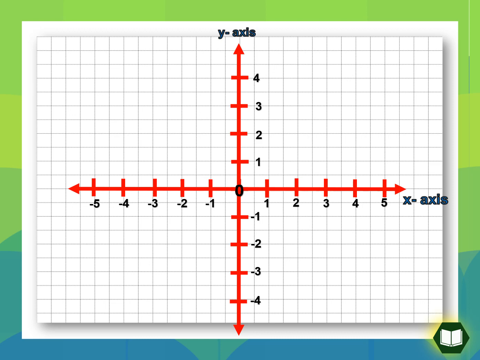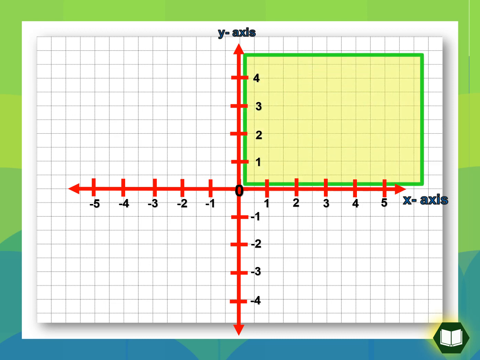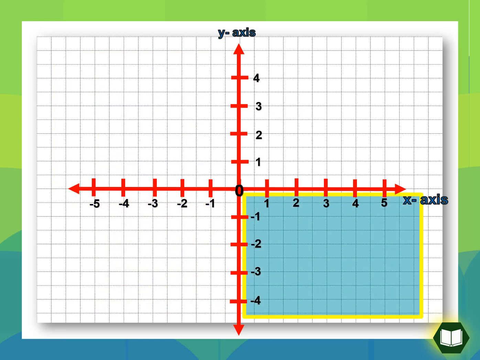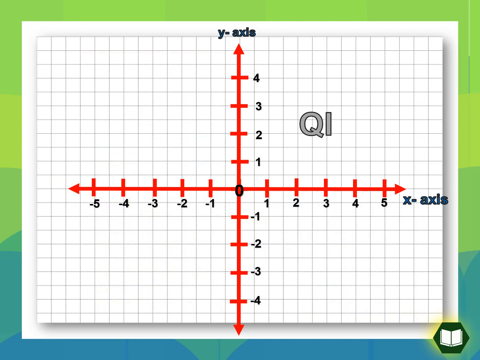The axes divide the coordinate plane into four quadrants, each labeled Q1, Q2, Q3, and Q4, and positioned counterclockwise.